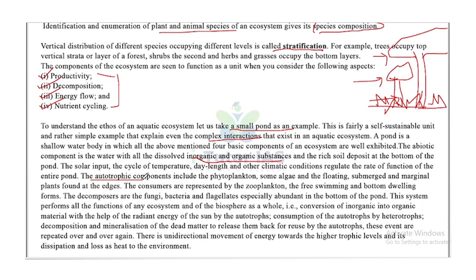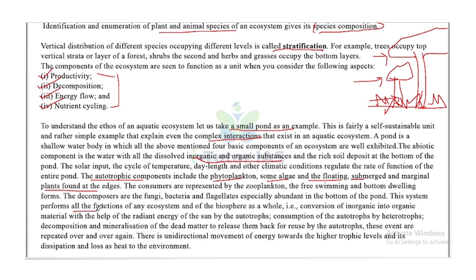The autotrophic components include phytoplankton, some algae and floating, submerged and marginal plants found at the edges. The consumers are represented by zooplankton, freely swimming and bottom-dwelling forms. The decomposers are the fungi, bacteria and flagellates, especially abundant at the bottom of the pond.